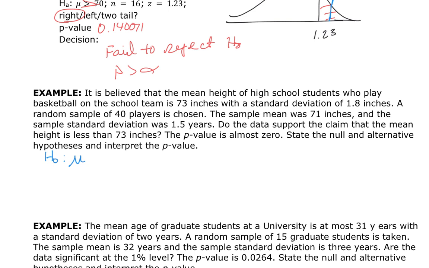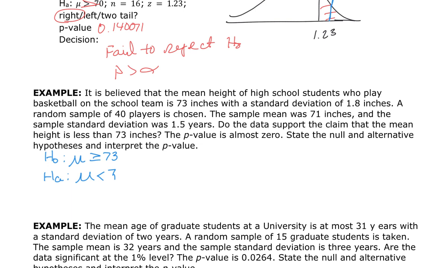We have a sample mean of 71 inches, so we can either use equality, or I can just use equals, or I can use greater than or equal to. I'm going to use greater than or equal to because my sample mean is less than the population mean. So I'm going to use greater than or equal to 73, and I'm going to use my Ha to be mu is less than 73.